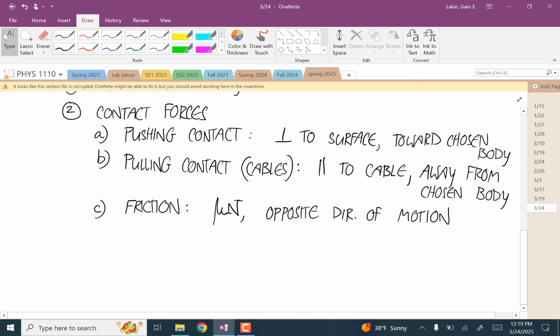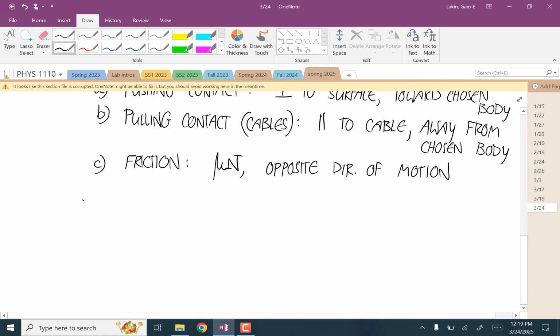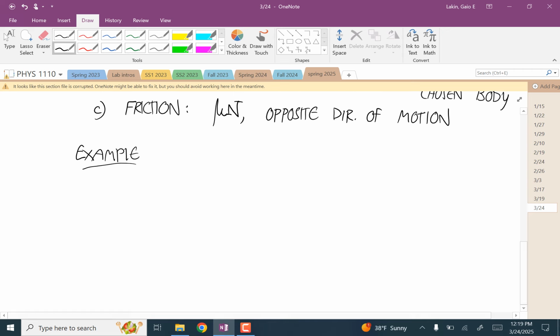Okay, well, let's just go through a few examples of these. So for the first one, let's say we have two objects, two rolling carts in contact with each other.